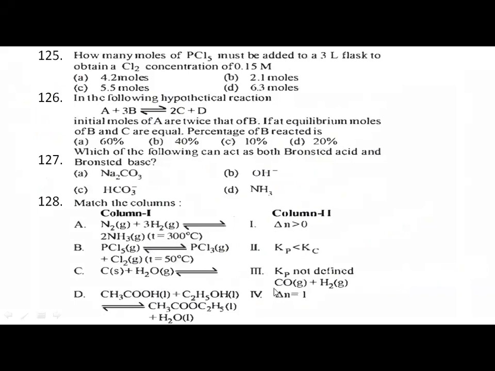For C, it is the fourth one, delta N equal to 1. And D, Kp is not defined.